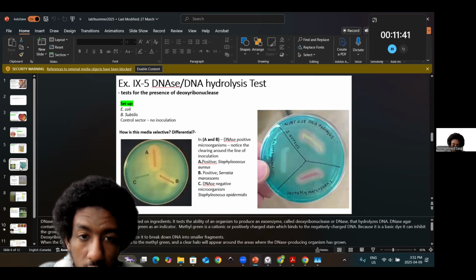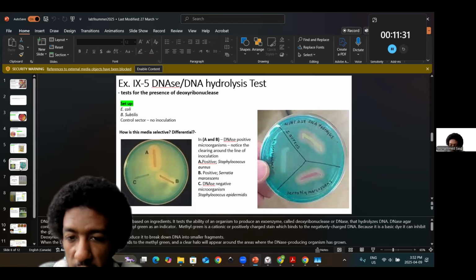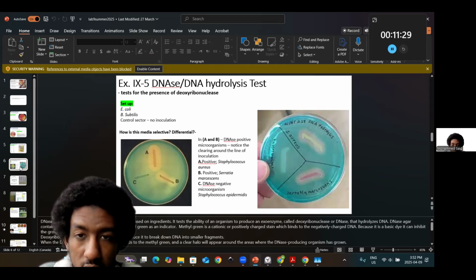And so the media includes DNA and methyl green. Methyl green is a cationic dye, think about the auxochrome, right? We talked about that before. In this case, it's positively charged, which would bind to negatively charged DNA and give that bluish hue essentially.